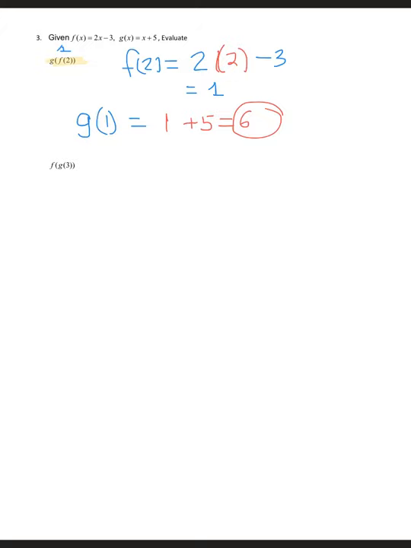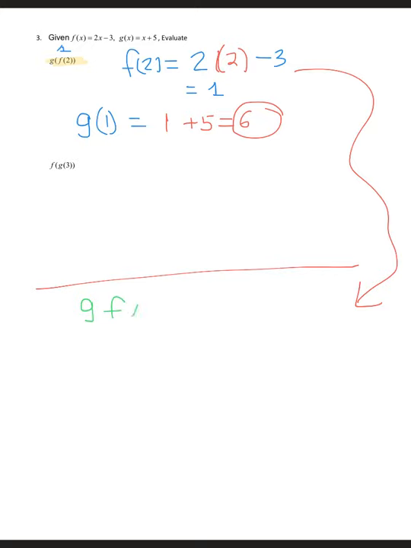Let me make a line here. Let me confirm my answer here, see whether what I did is correct. I'm just going to do it the way we did it on the previous example. So I'm going to do everything, and then when I'm done, I'm going to plug in 2. So I need to do g of f of x.